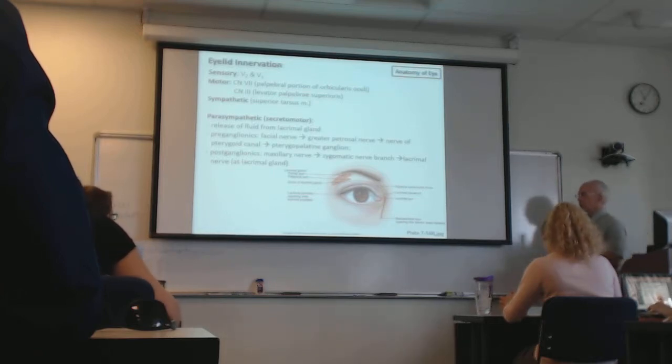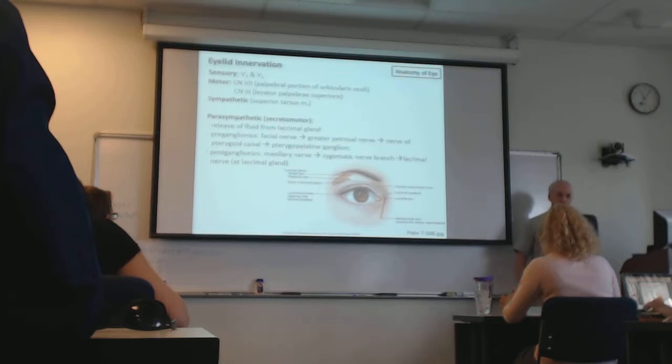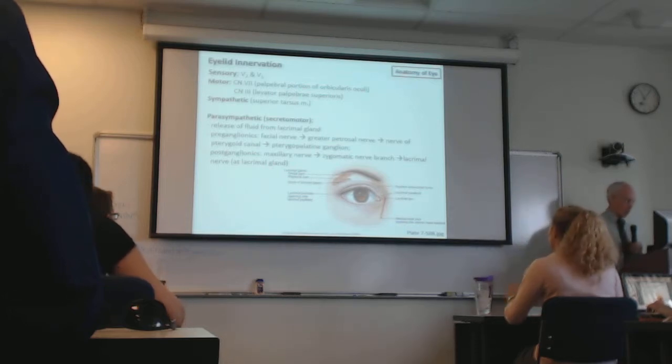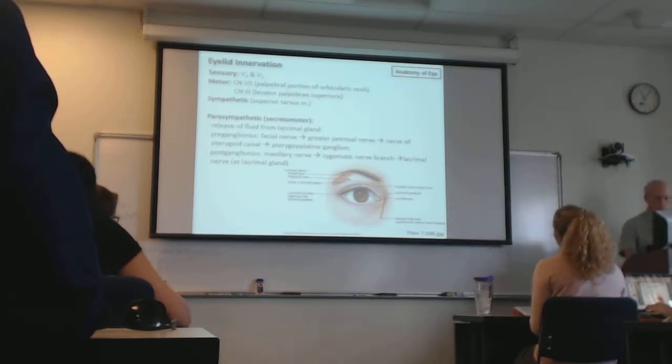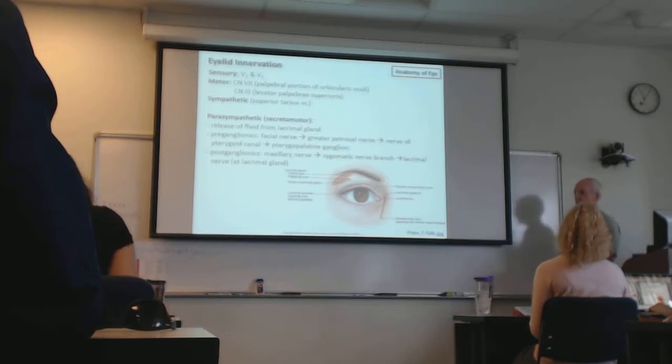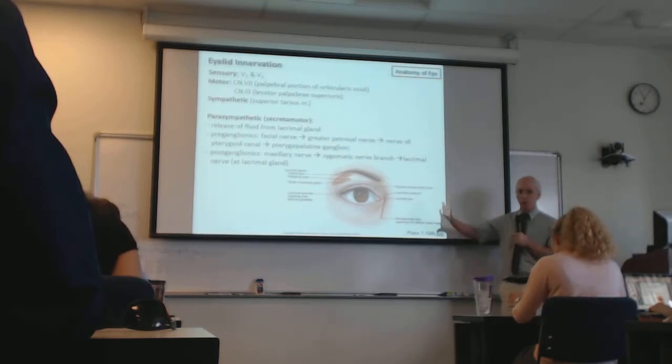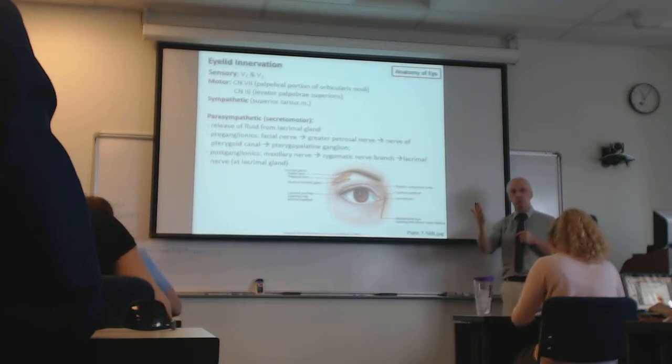There are extremely large textbooks that will keep your head spinning regarding autonomic innervation of the lacrimal glands and the ability of the eye to regulate the fluid that's moving across the eye and the membrane of the eye.